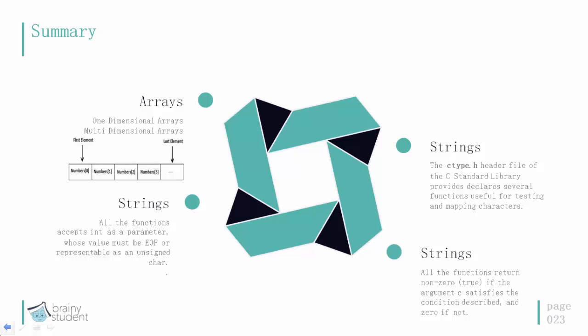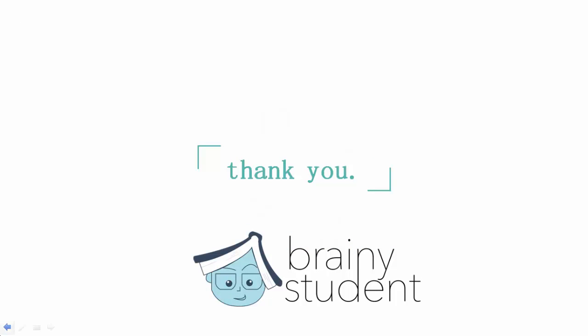For string.h also we have many functions: for finding the length of a string, for concatenating strings, for copying strings, for reversing a string, and for doing comparison between strings. All those things we can do using strings. So this is all for this session. Thank you very much.